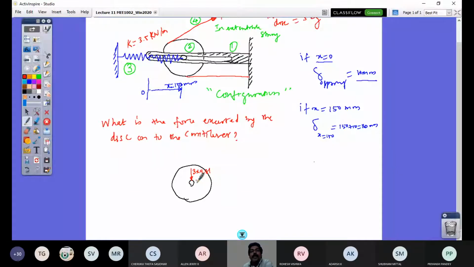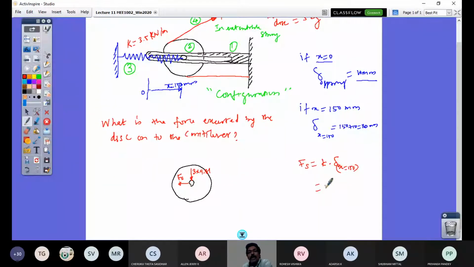And then you have the spring force that is pulling this to the left. So I would have here a spring force, Fs, where this Fs is given by K into delta of the spring at x equal to 150 mm, because that is the force at this instant.